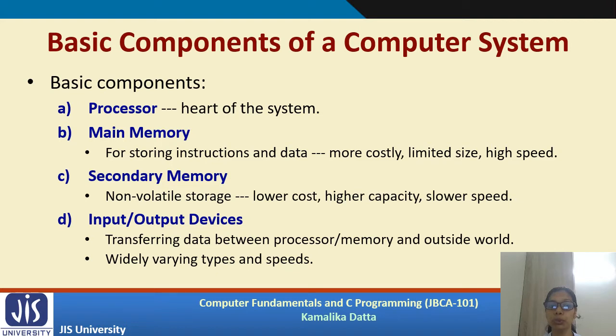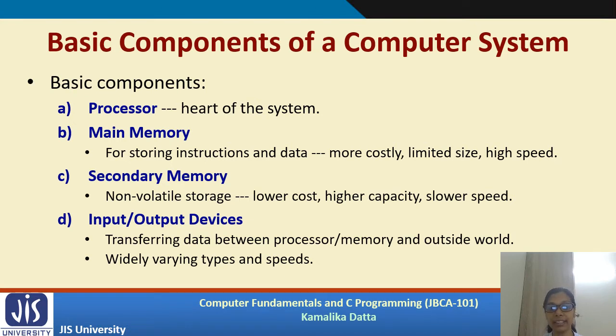Let us move to secondary memory. Secondary memory is basically the memory which is stored in the disk. It's non-volatile storage. The cost is much less compared to main memory and other memory, cache memory and registers and so on.